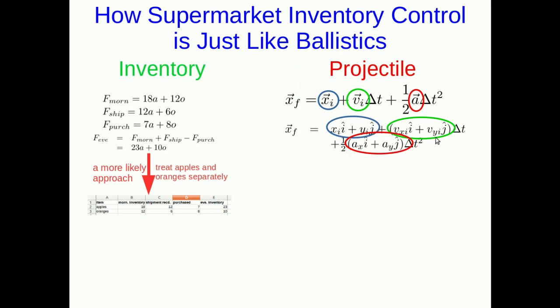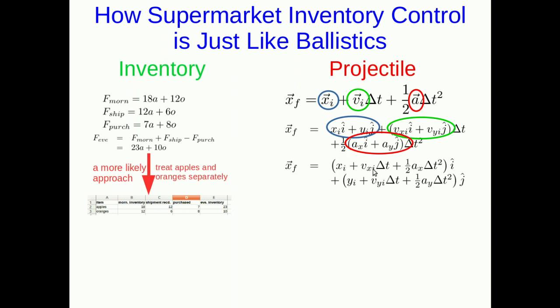And you can collect all the i hats and j hats to express the final position like so. Now, if you find that intimidating and ugly and you really don't want to do it, well, great, because that's not how we're going to do it. You can, but I wouldn't encourage you to.